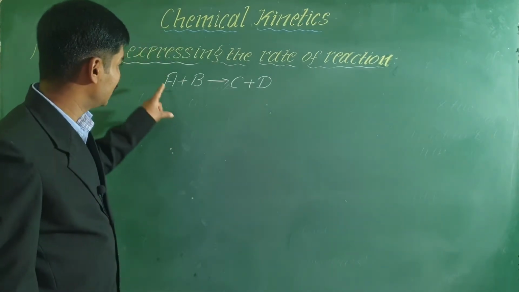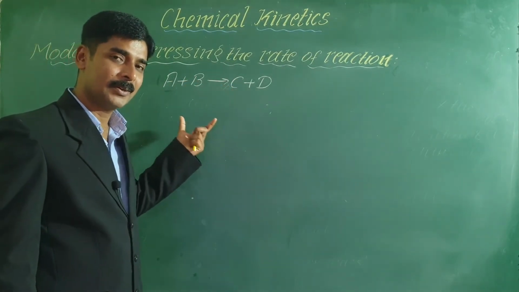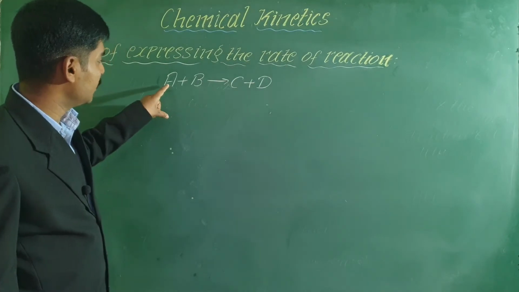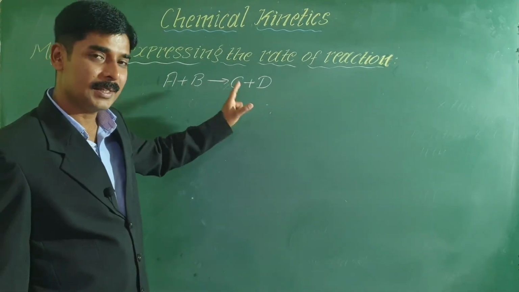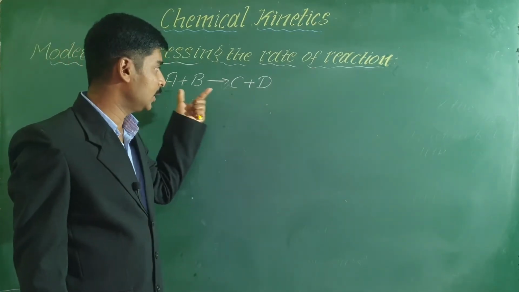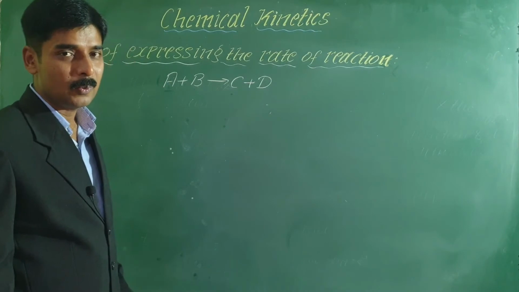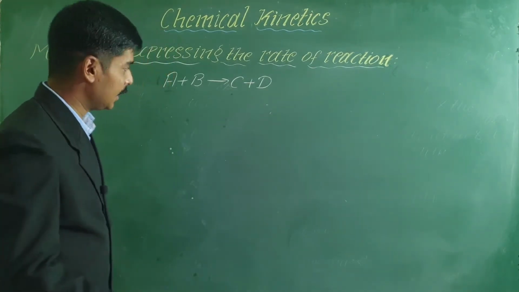The numbers that you use to balance a reaction are called stoichiometric coefficients. Here you see the stoichiometric coefficient of A is 1, B is 1, C is 1, D is 1. So in this case, the stoichiometric coefficient of all the reactants and products is equal to 1. In this case, how to express the rate of a reaction?